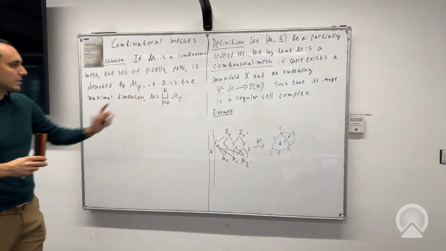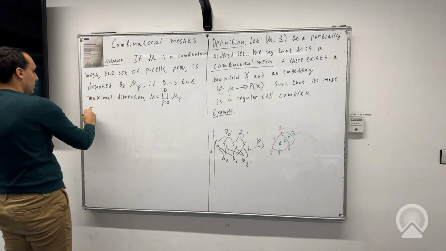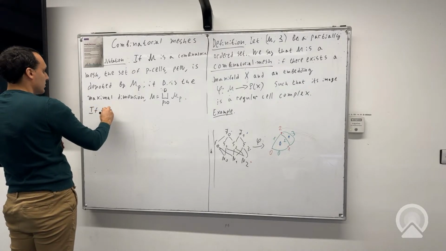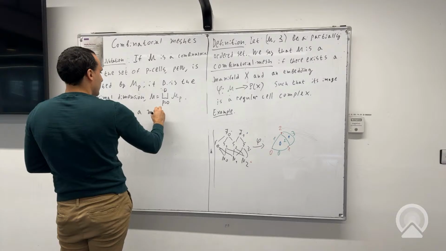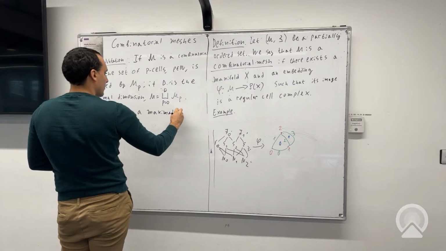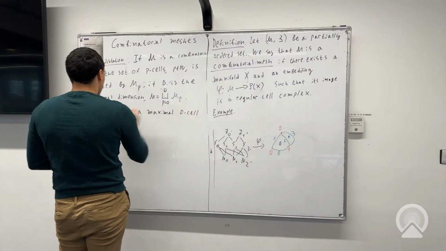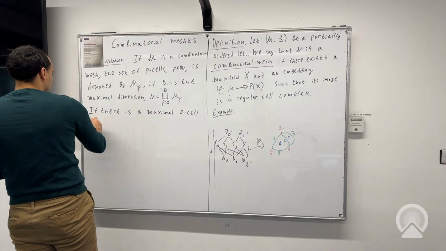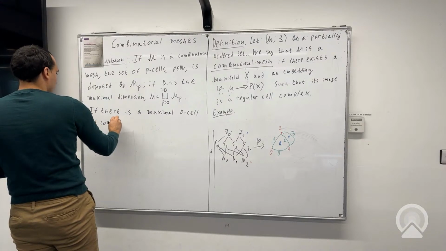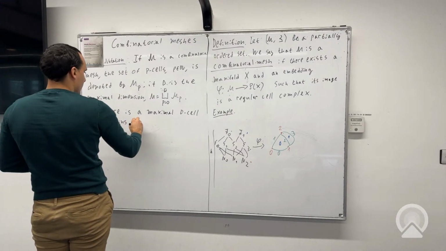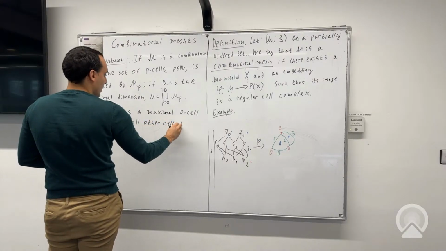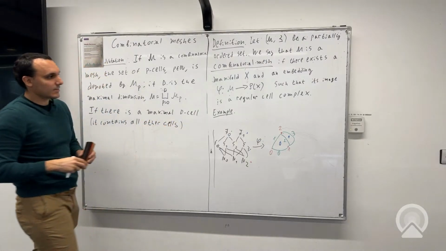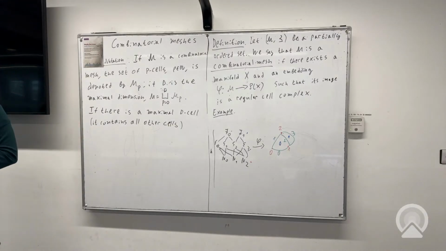If there is a maximal D cell, so it contains all other cells, what is a mesh with a single biggest cell?